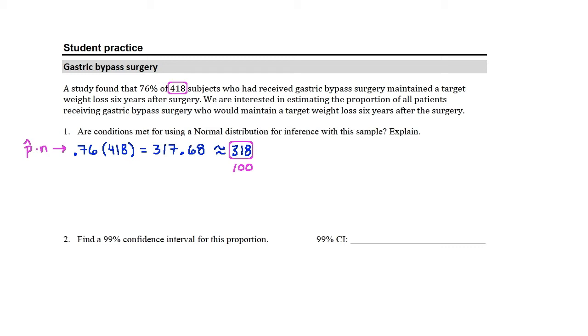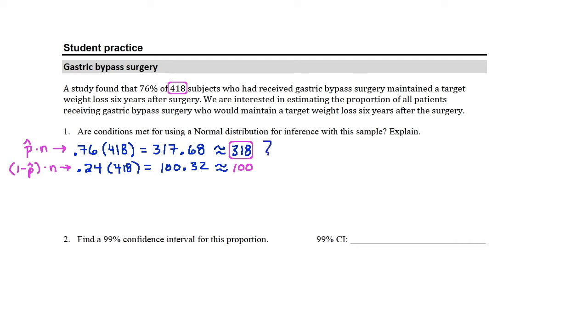And then if we wanted to do 1 minus p hat times n, then what that would look like is 0.24 times 418, which comes out to be 100.32, and we can see that yes, that one also would round to 100.